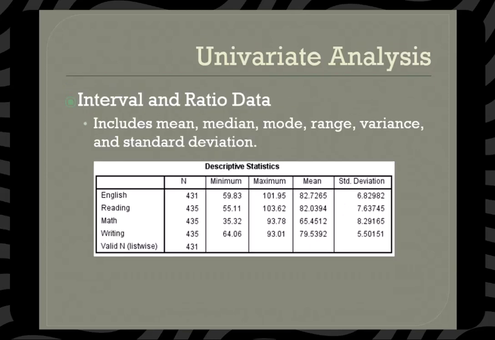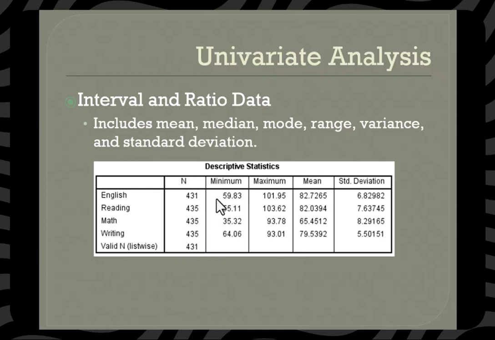For interval and ratio level data, our descriptive statistics are going to include things like mean, median, mode, range, variance, and standard deviation. So here we have a table that looks at scores on English, reading, math, and writing tests. And we can see that N here is the number of people for each of these scores.